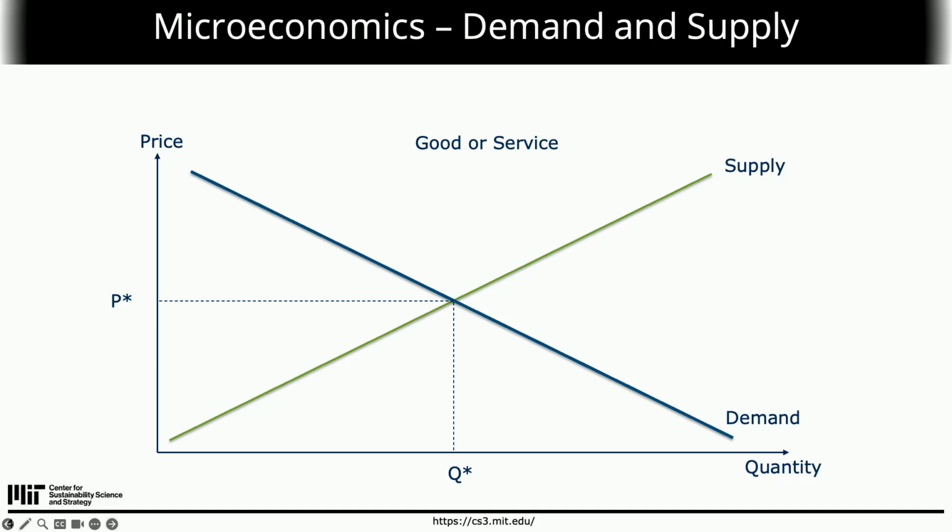But as you produce more, it costs more to produce, so you need the price to go up. And so we have here a market with a supply curve going upwards because they need the price to go up to produce more, or it represents the marginal cost of producing an additional unit of the good or service.